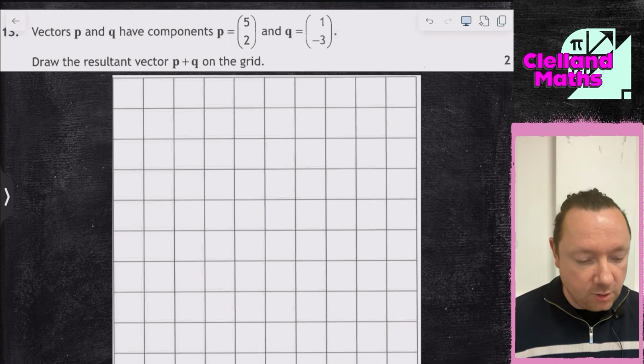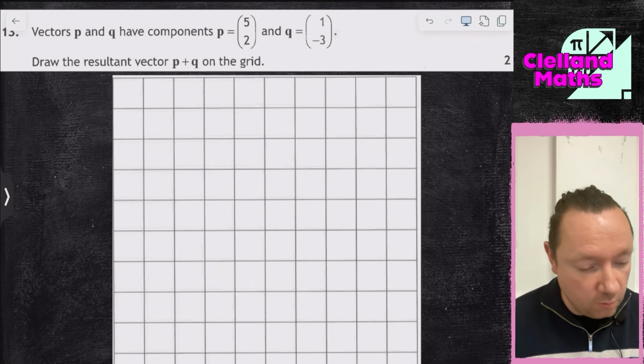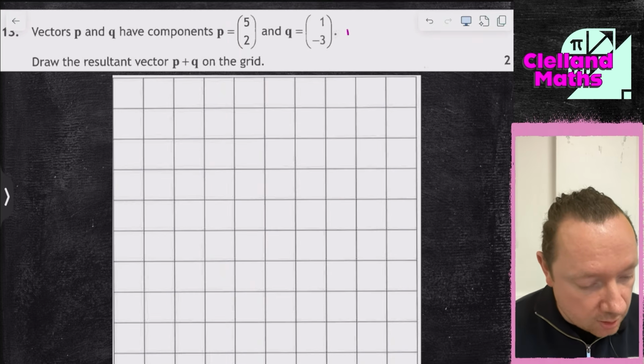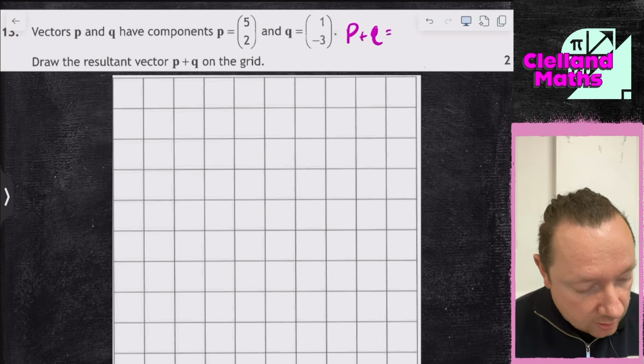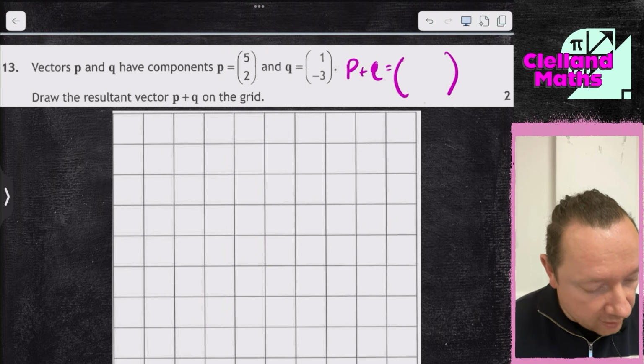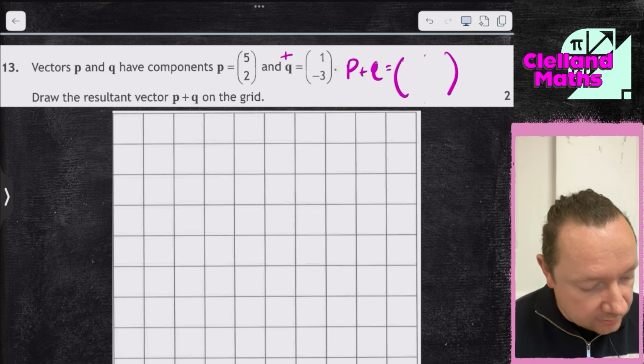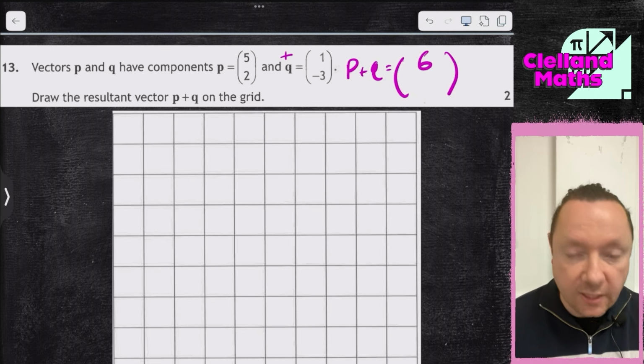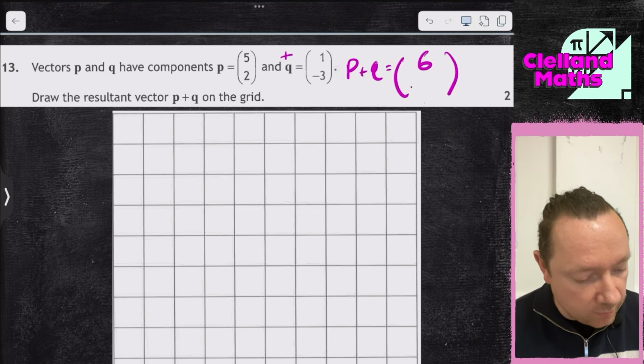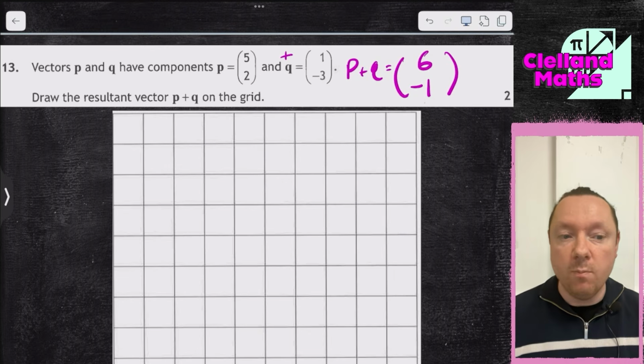p and q have these components, (5, 2) and (1, −3). Draw p plus q. Well, I'm just going to work out p plus q first. p plus q, I just add the top, 5 plus 1 is 6, and then 2 plus minus 3, or 2 minus 3 is minus 1. So I need to draw (6, −1).